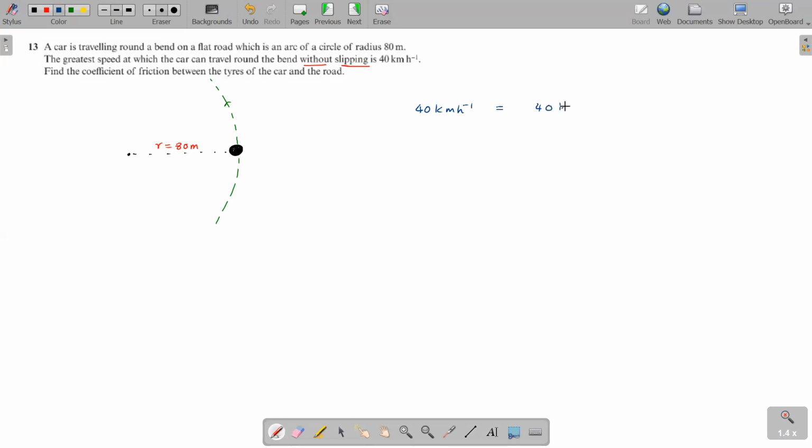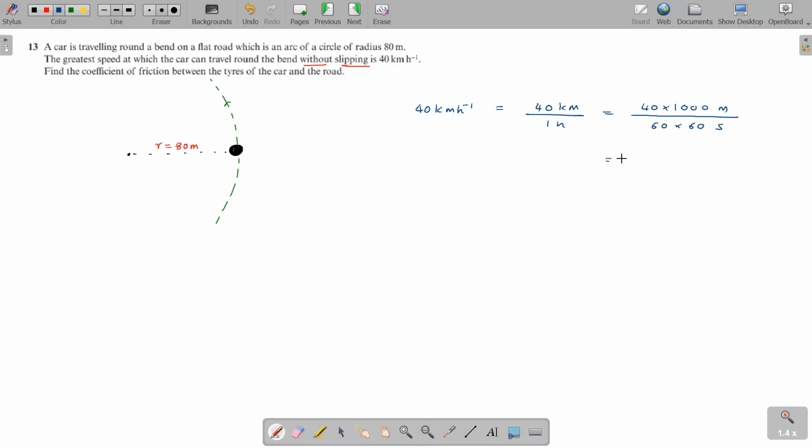So 40 kilometers in 1 hour. 40 kilometers to meters is 1000 meters. 1 hour is 60 minutes into 60 seconds. So multiply everything across and divide: 40 into 1000, divided by 60 times 60.